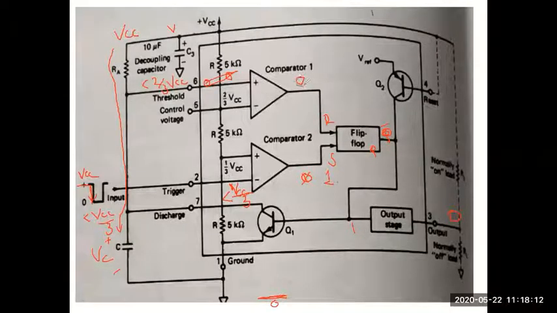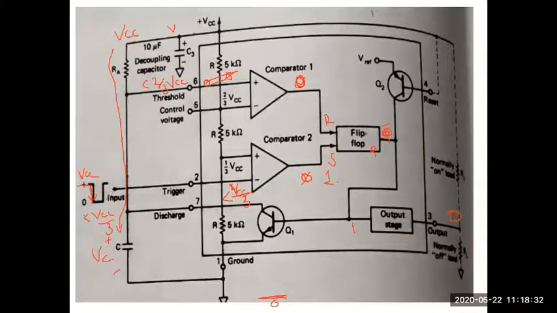So the output of the upper comparator continues to remain at 0. It was 0 previously when the capacitor voltage was 0. Even when the capacitor has started charging, as long as it is less than 2 by 3 VCC, the output of the upper comparator will remain at 0.